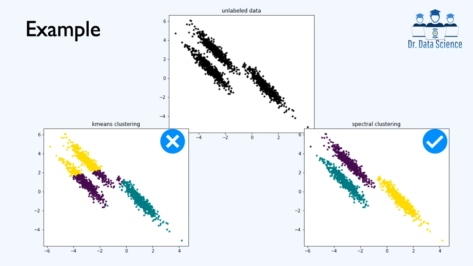But when we apply spectral clustering, we can correctly identify these 3 clusters. That's because spectral clustering is more powerful in terms of recovering different types of clusters.